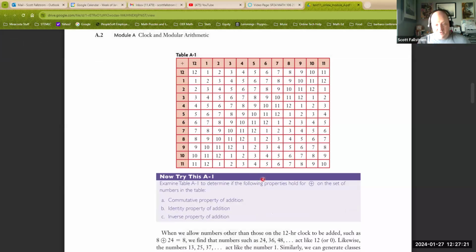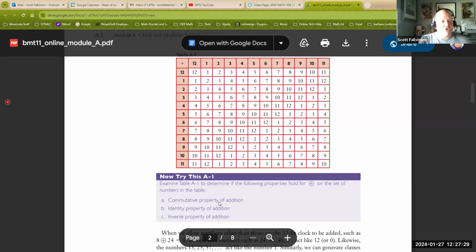Addition was a concept that we have pretty well done. So do we have commutative property? Well, let's see. If we have commutative property, then 3 plus 2 should be the same as 2 plus 3. Well, let's check. 2 plus 3 gives me there. 3 plus 2 gets me there. And they're both 5. Okay, so that makes sense.